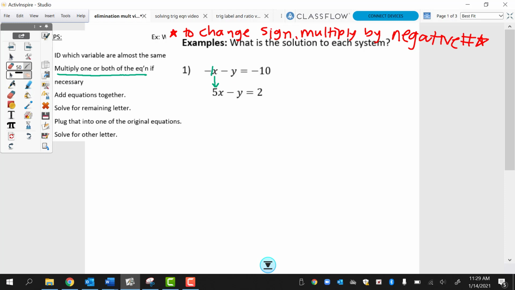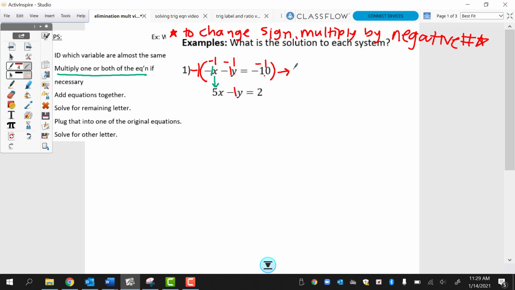Now in this case, it does not matter which one you choose to multiply. Since these are both the same number, I'm going to pick the first equation, and I'm going to multiply by negative 1. Now, when I do that, I can't just multiply the y. I got to multiply all the numbers by negative 1. So times negative 1, times negative 1, times negative 1. So you would type these in, negative 1 times negative 1.